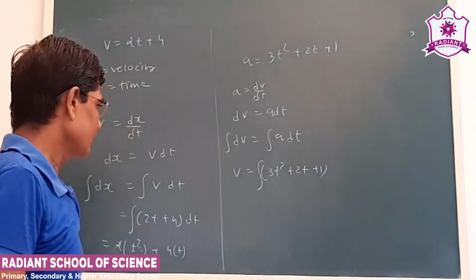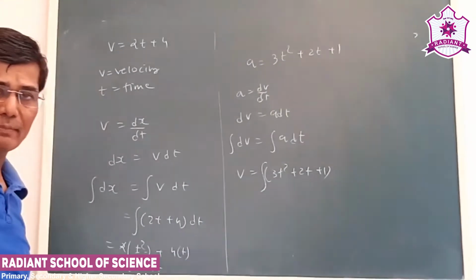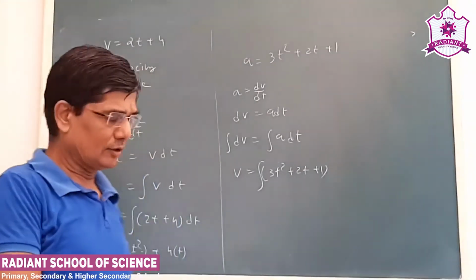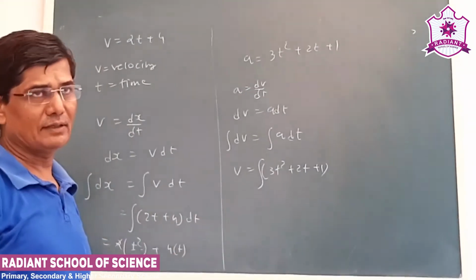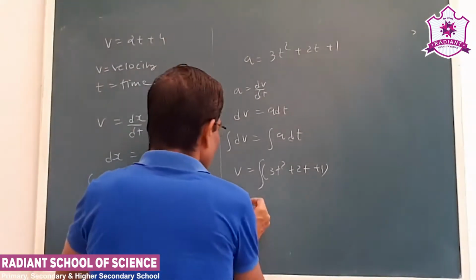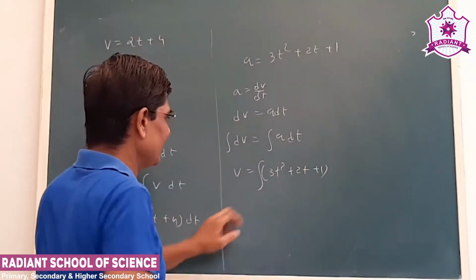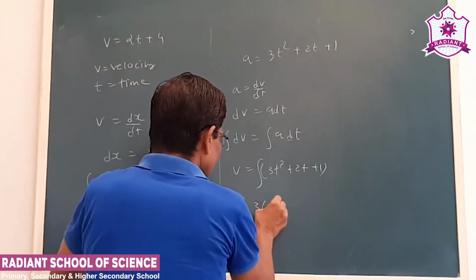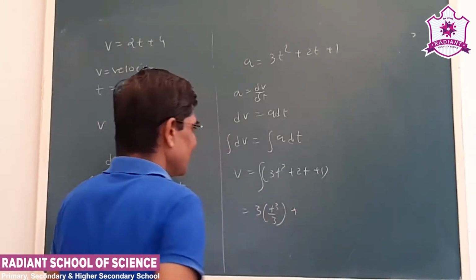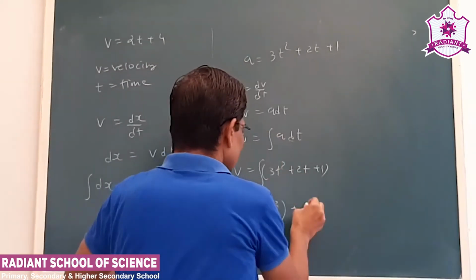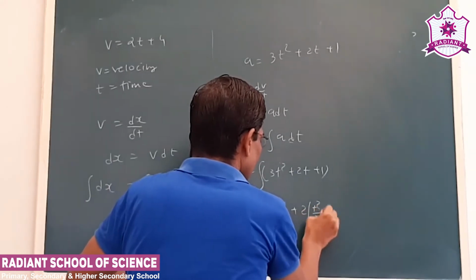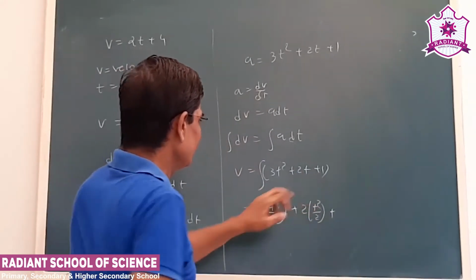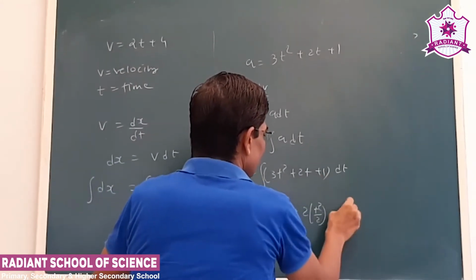Right now we do not discuss the time interval. We talk of the basic formula. The time interval part we will take later on. So what is the integration of t square? That is t cube by 3, that we have seen earlier. Now the integration of 2t will be 2 into t square by 2, and 1 dt will be t.